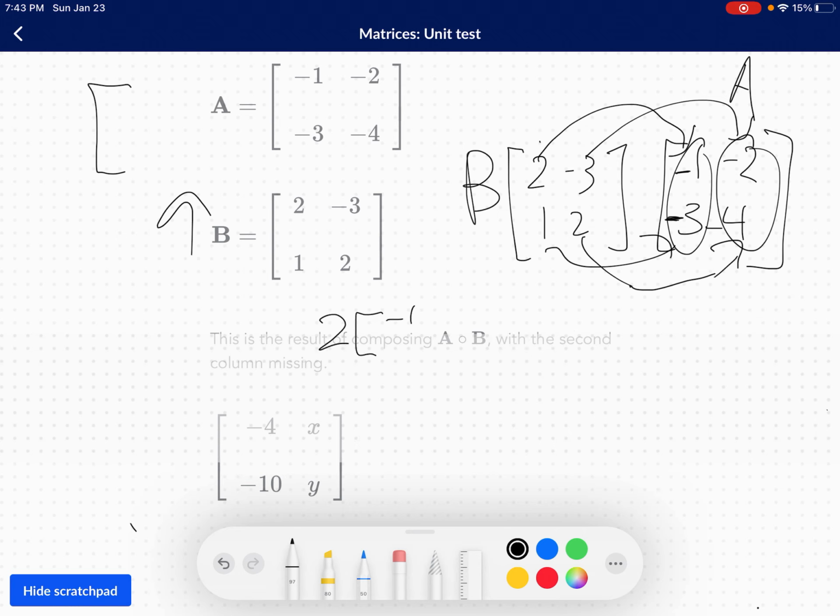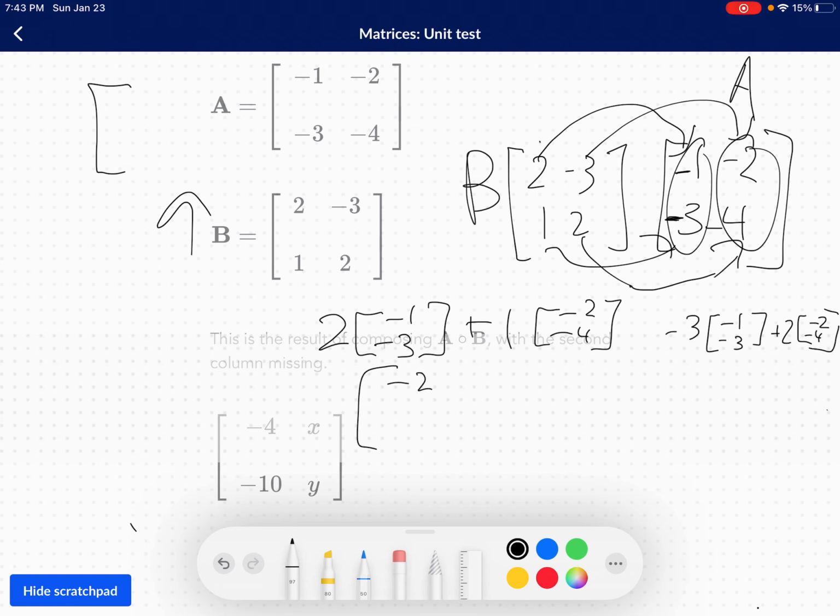2, negative 1, negative 3, plus 1, negative 2, negative 4, and then negative 3, negative 1, negative 3, plus 2, negative 4.